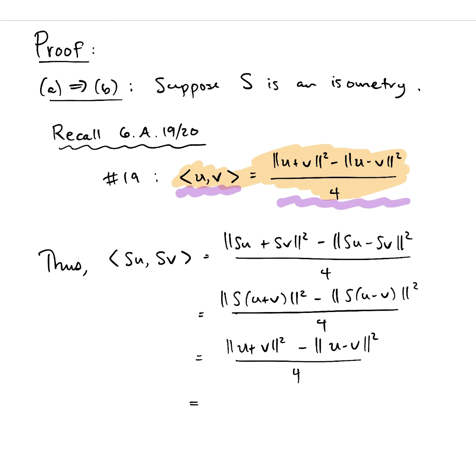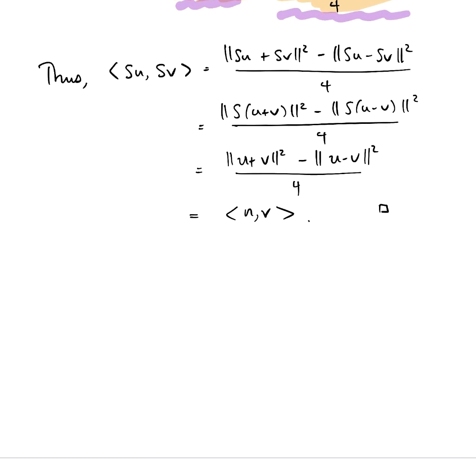And then by 6a number 19 again, this is nothing other than the inner product of U and V. So, if S is an isometry, then S preserves inner products. Fantastic. So we're done with A implies B.